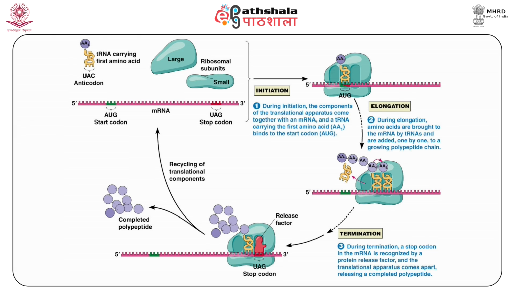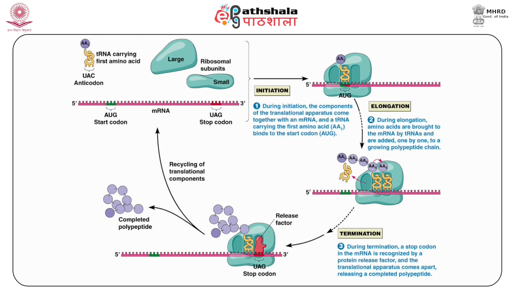The last stage of translation is termination. As soon as elongation of amino acid reaches the stop codon or nonsense codon, that is UAA, UGA, and UAG, the termination process occurs and then the synthesized protein is released.